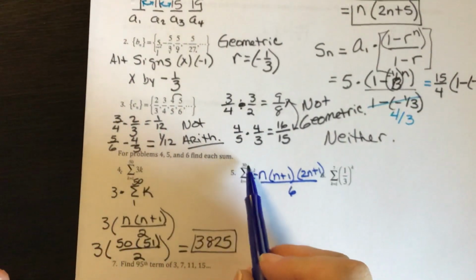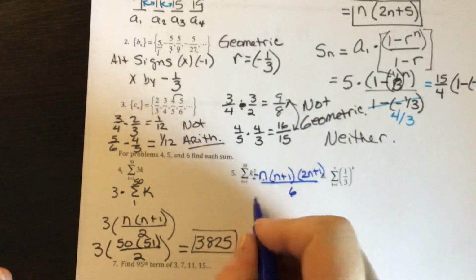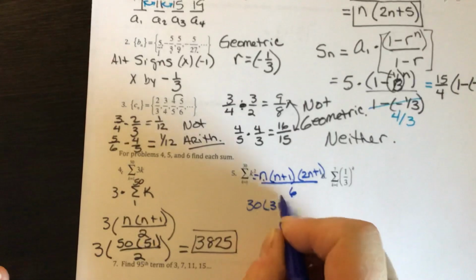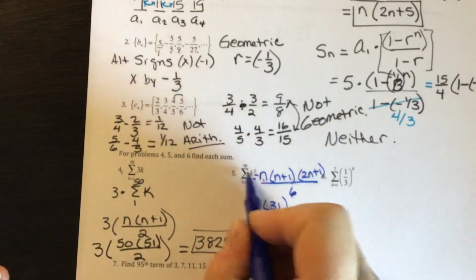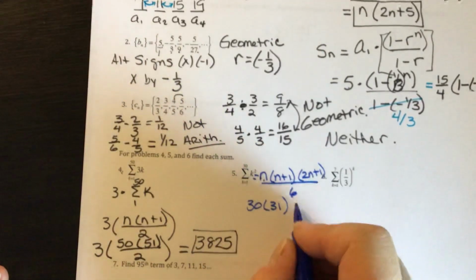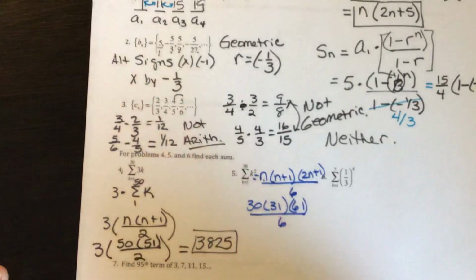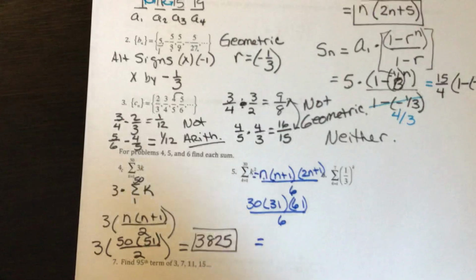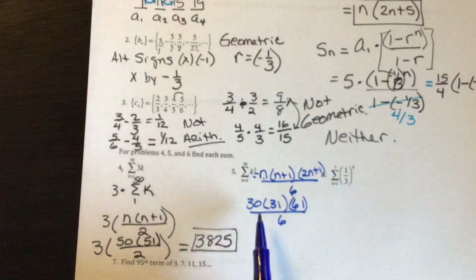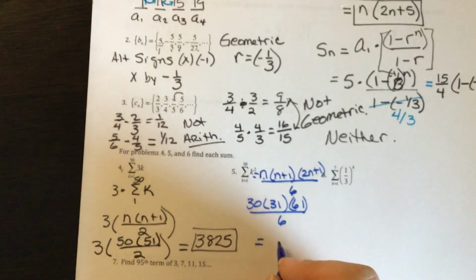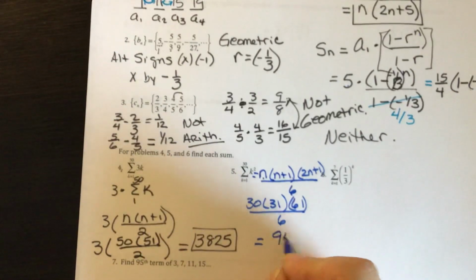So now I'm going to plug in 30. So this is 30 times 31. And then 2 times 30 is 60, plus 1 is 61. And this is divided by 6. And if I calculate 30 times 31 times 61 divided by 6, I get 9455.